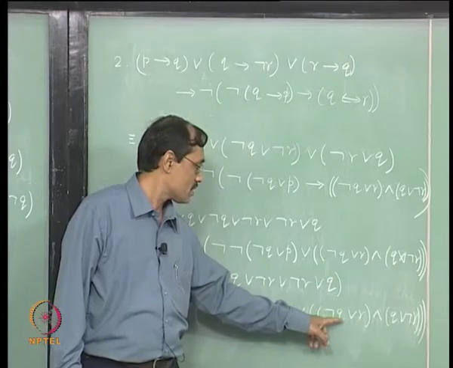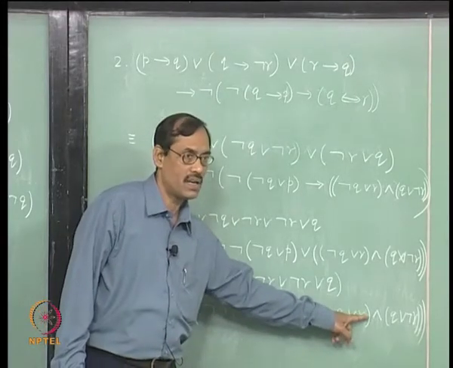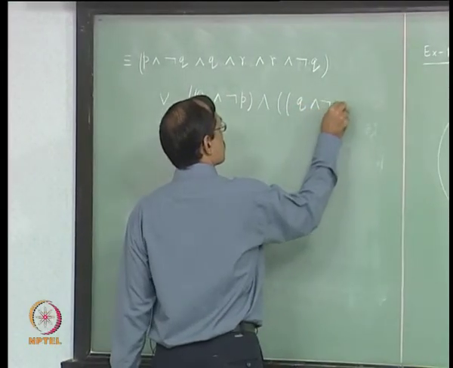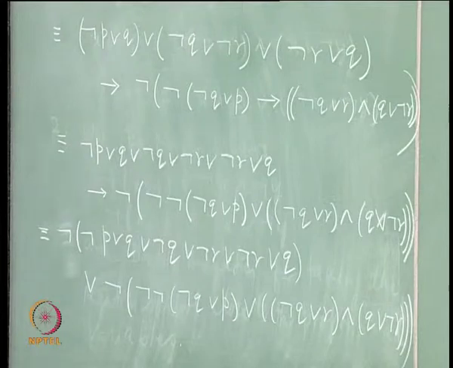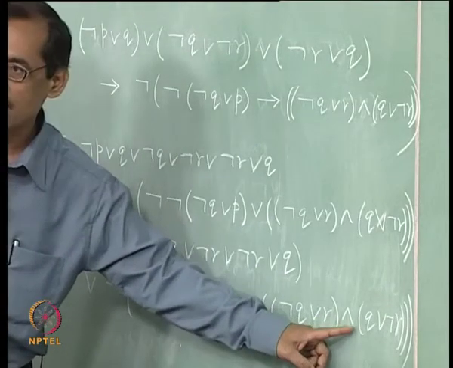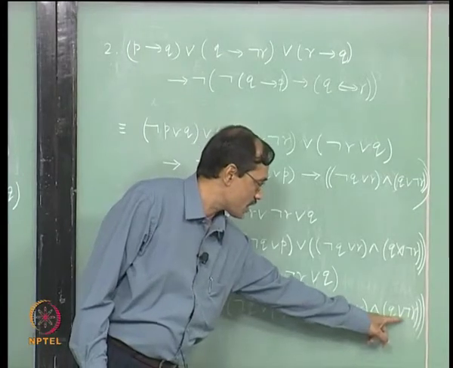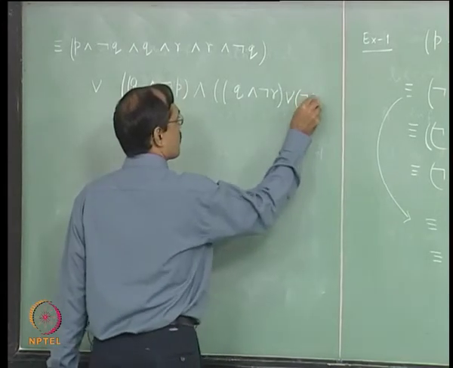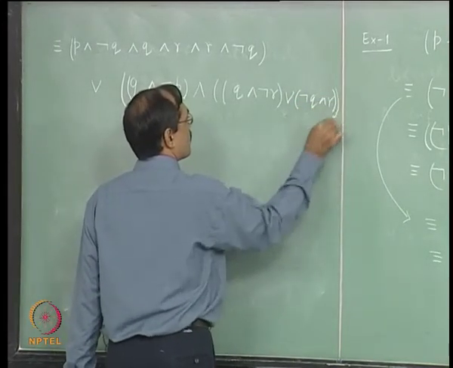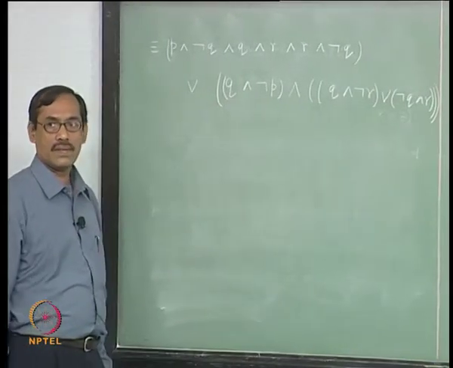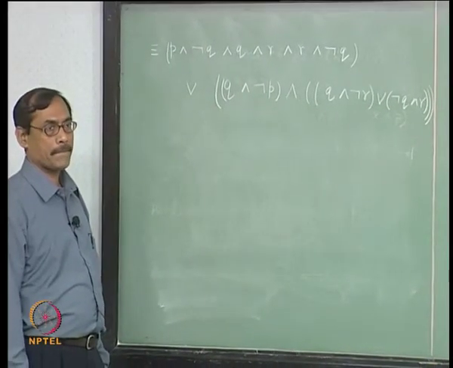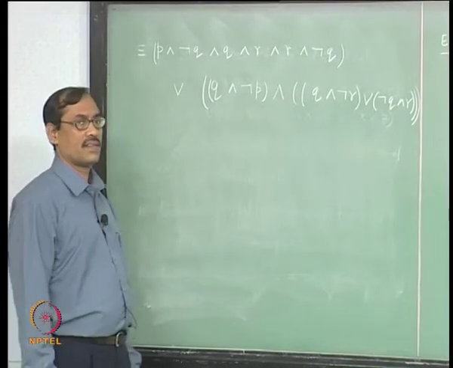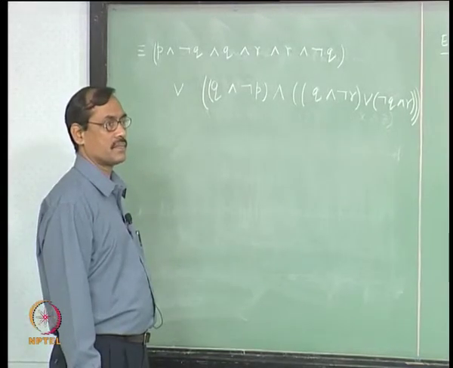So, here it becomes Q and not R. Okay. Q and not R, this becomes OR, then not Q and R. Okay. Just verify with yours.